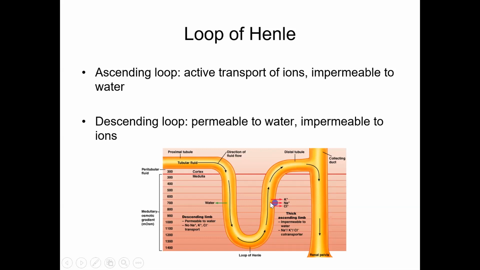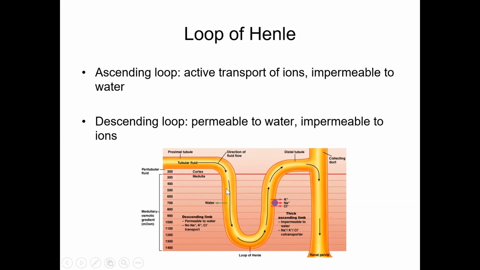But here, these are solid red arrows. That means these are active transport. So these ions can be actively transported out from the ascending part of the loop of Henle. This part of the tubular structure is lined by simple squamous epithelial cells, so there are active transport systems for ions here.